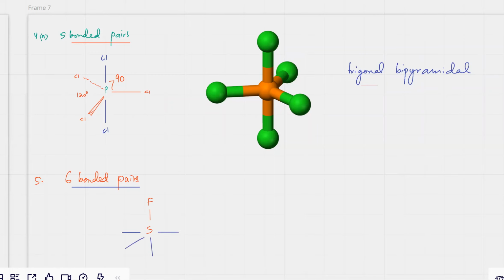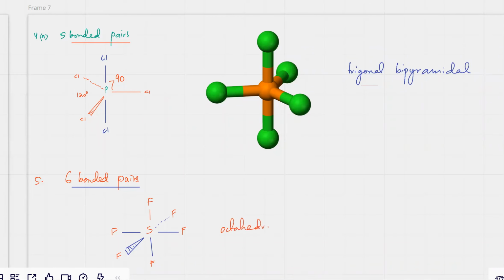There's going to be one coming towards you, and there's going to be one going behind the sulfur. So in total, there would be 6 fluorines bonded to it. And that's known as an octahedral shape.